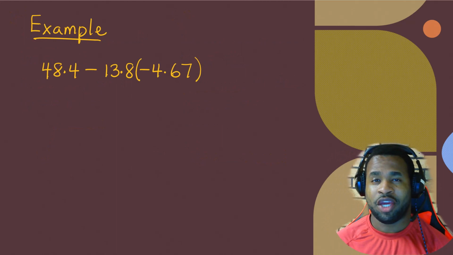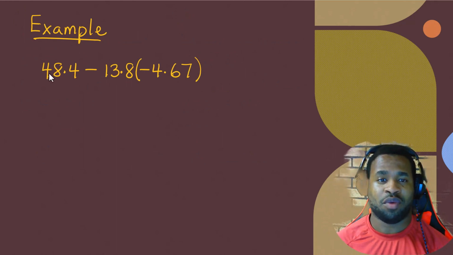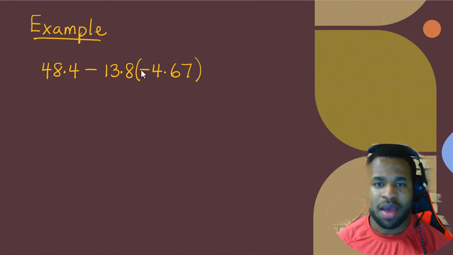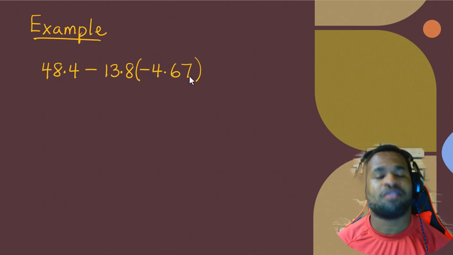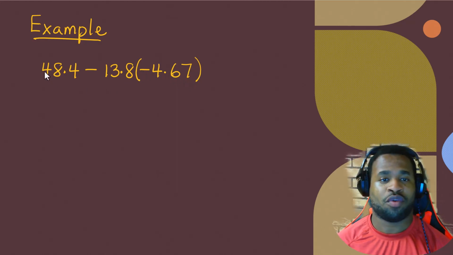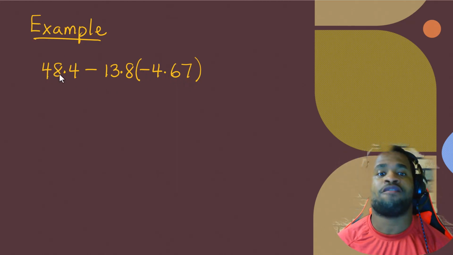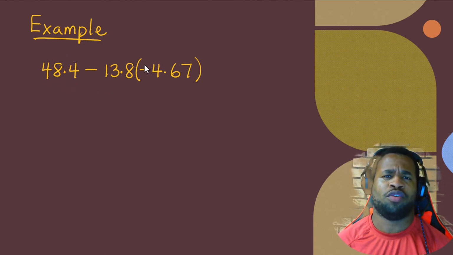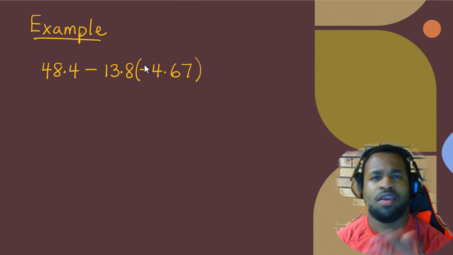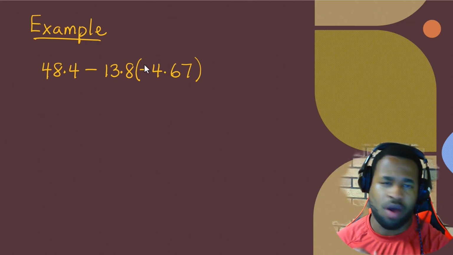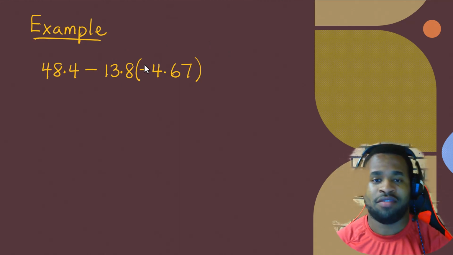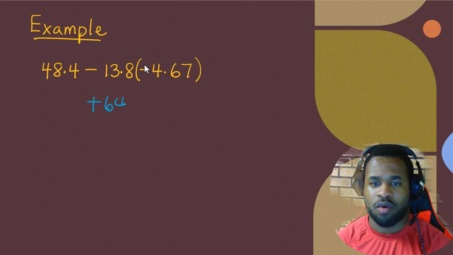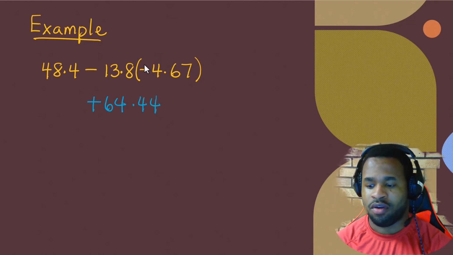So now we've got an example that says we are going to first multiply our negative 13.8 by negative 4.67, and then our result we're going to apply it to our 48.4. So first step, doing the multiplication, make sure that you show all the digits, significant digits, and also all digits for your answer. In this case we have our value to be positive 64.446.